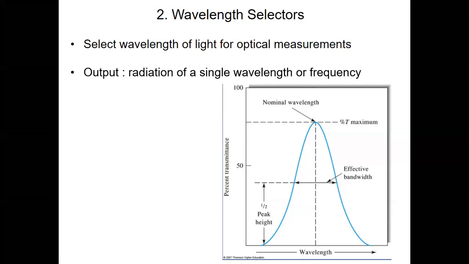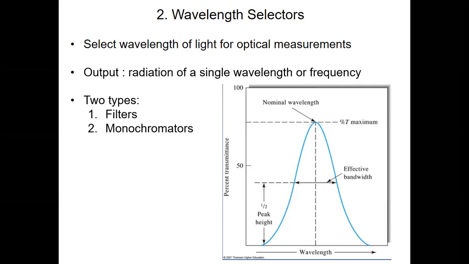So the effective bandwidth should be relatively small for a good wavelength selector. And there are two types of wavelength selectors. We can either use filters or we can use monochromators.